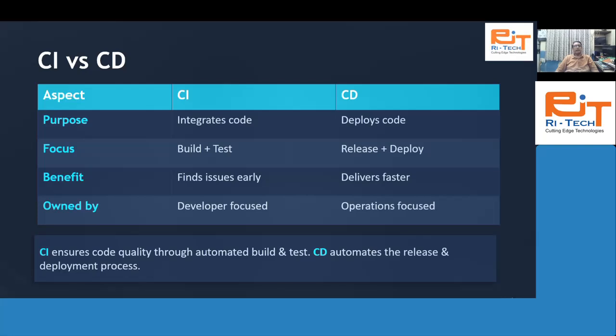So CI is owned by developers. It's the responsibility of the development team, whereas CD is the responsibility of the operations team, ops team, or delivery team, or both sometimes.